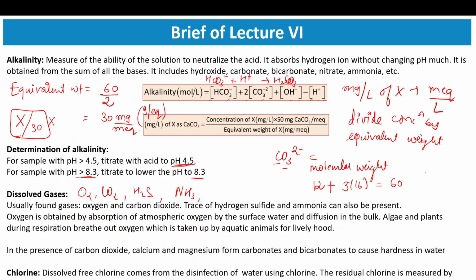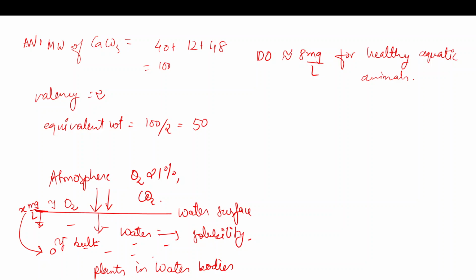Now, next is carbon dioxide, right? So, carbon dioxide again comes from the atmosphere, and it is required by the algae and the plants for their respiration.